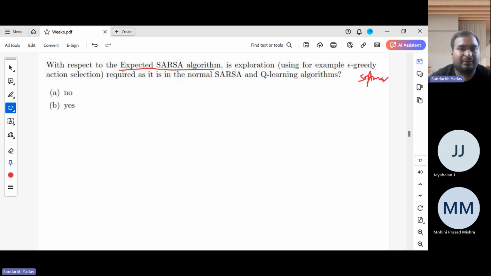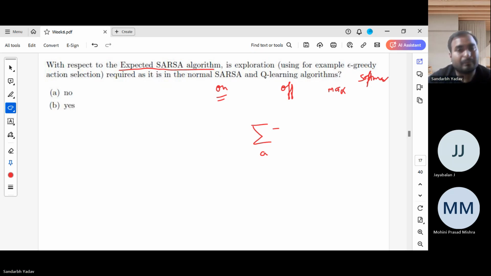SARSA was on policy, and Q learning was off policy, where the target had some max term. Since SARSA was on policy, we were using the same action. But in expected SARSA, we have a summation over all the actions weighted by their probabilities. So the question is, is exploration also needed in expected SARSA?